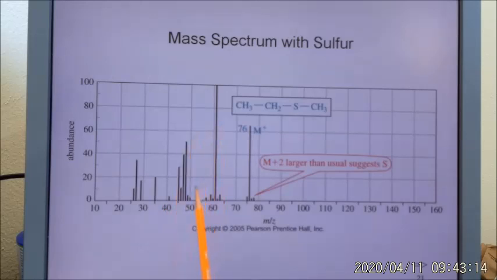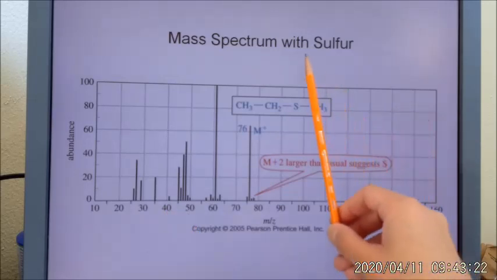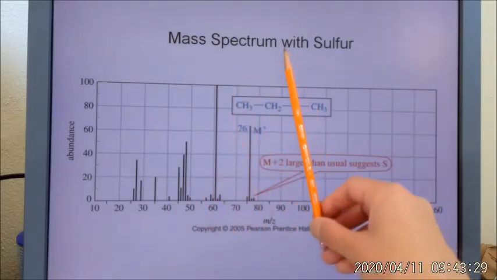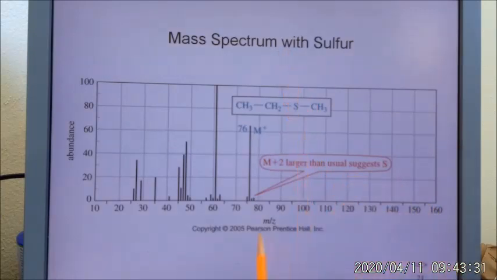Alright? If you look further, here's 45, 46, 47, 48. Let's see if we can figure out the 48. I'm not sure we can. But basically, if I lose this methyl group, we already said that would be there. If I go further, if I lose an ethyl group, that's going to be 76 minus 29.